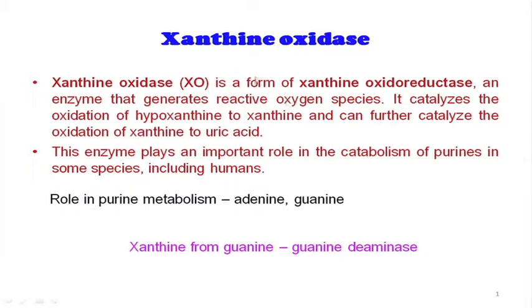So, it depends on the molybdenum availability also, and what we have seen is that this xanthine can be produced from the guanine molecule also. So, it can also control the corresponding balance of the guanine to xanthine conversion as well as the conversion of xanthine to uric acid.